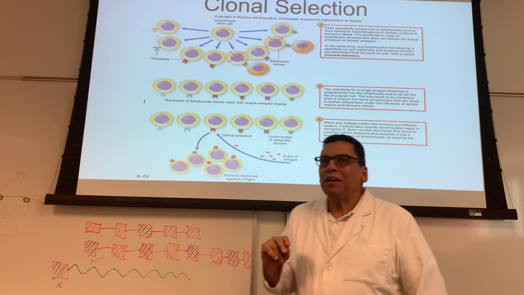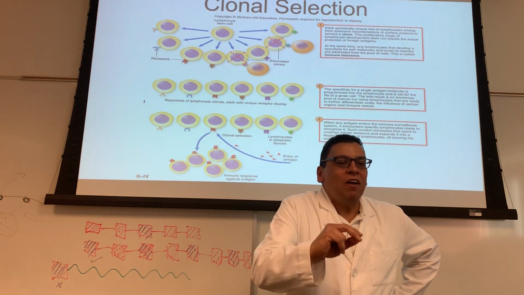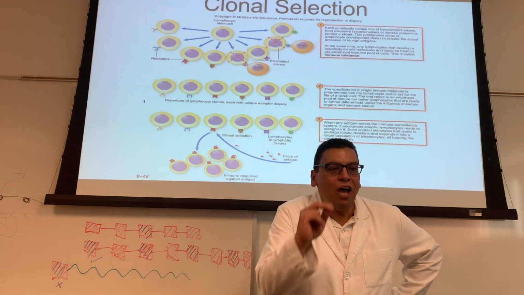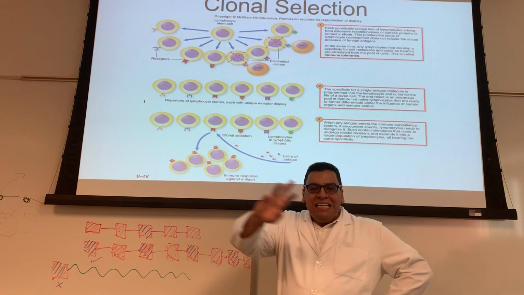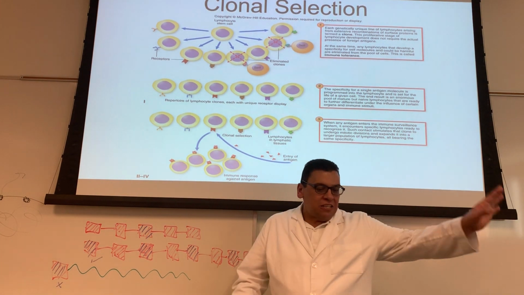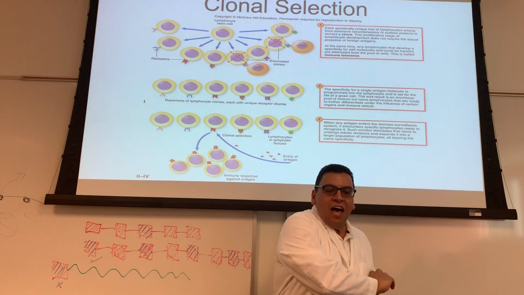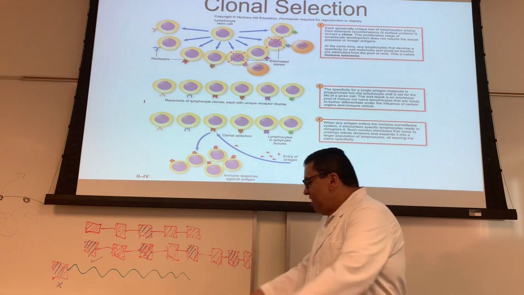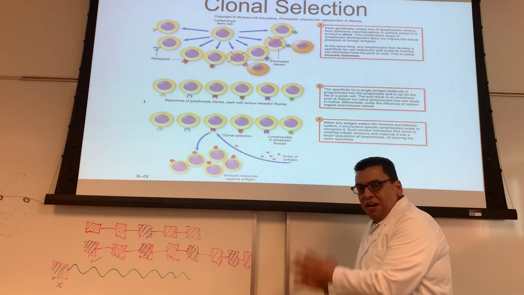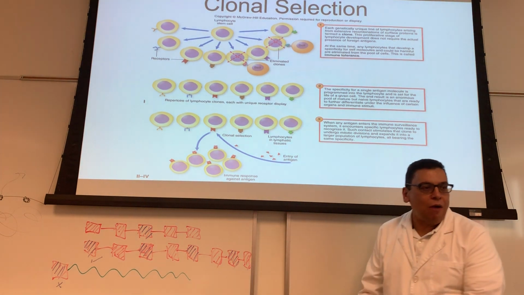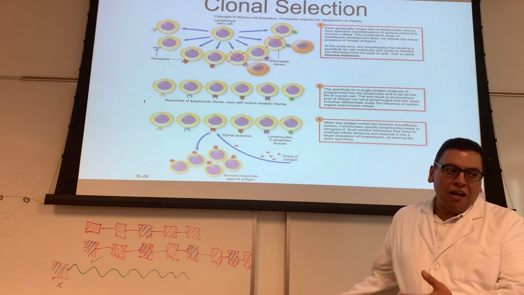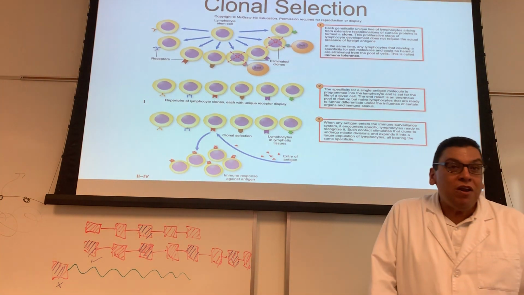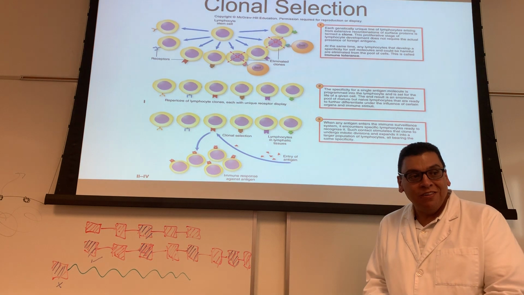Listen to me very carefully. You are born with all the possible shuffles. Do you remember me saying that? So you have a lot of B cells and a lot of T cells that can recognize a lot of things. The red caps, the blue caps, the green caps, the black caps, the yellow cap, whatever. We're always thinking about, okay, these are bad guys. Well, what if they recognize you?